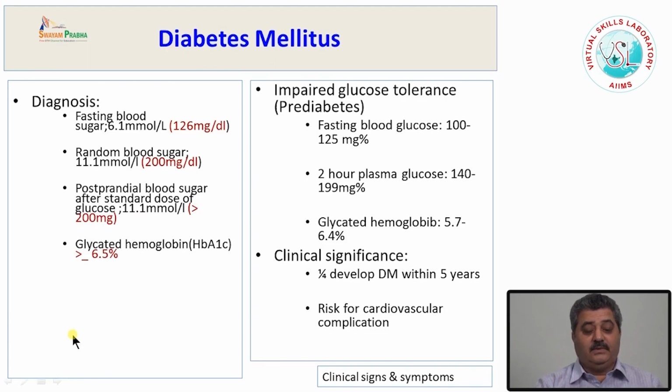But remember that a single reading is not enough for the diagnosis of diabetes. All these tests have to be repeated at another time for the definitive diagnosis of diabetes mellitus.